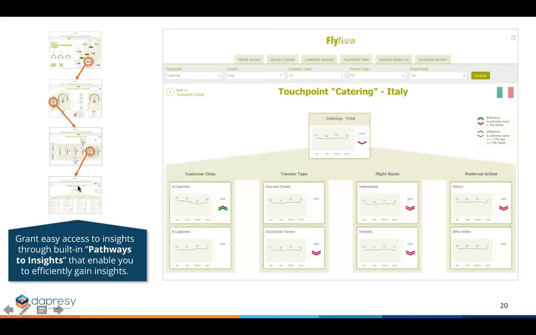And I could go even one step further by clicking on one of those rectangles, and then maybe get the open comments again, or at least get some kind of coded items that show me why customers rated my catering better in the last months.